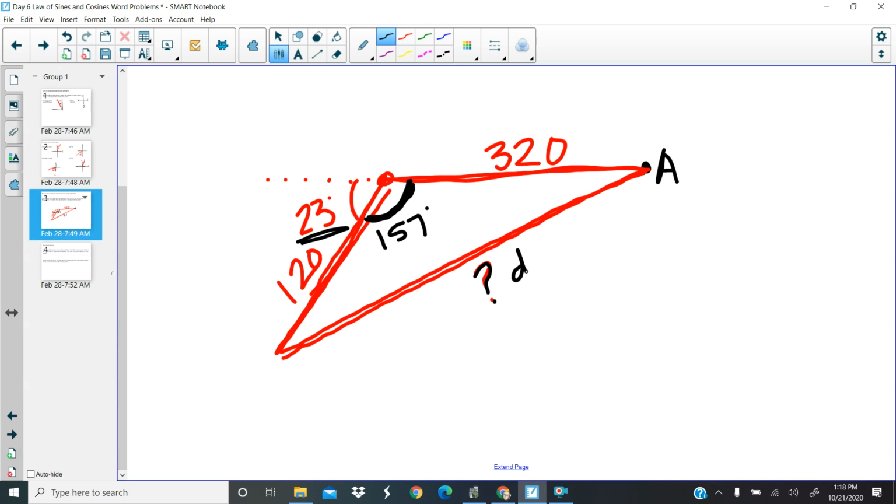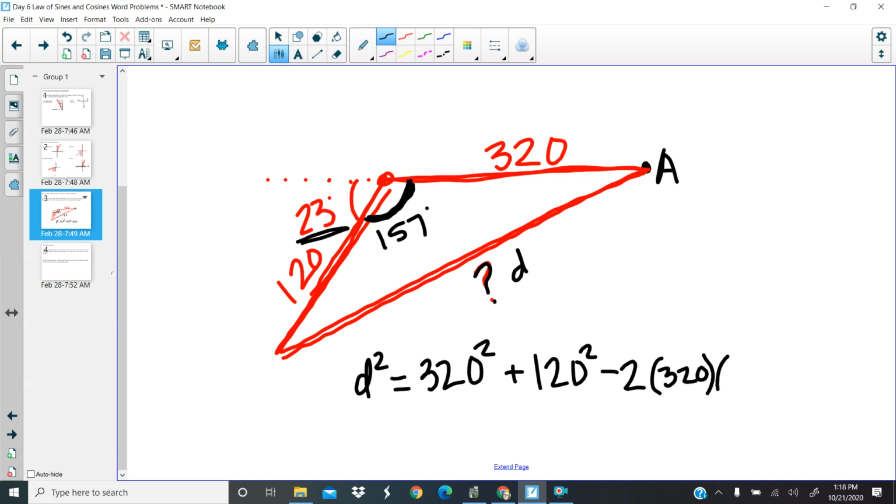So for the law of cosines, we're going to have D squared is going to be equal to one of the other sides squared. So let's do our first side that we had, which was 320 squared, plus the other side squared, so 120 squared, and then minus 2 times both of these sides, so 2 times 320 times 120, times the cosine of the angle across from the distance that we're looking for.